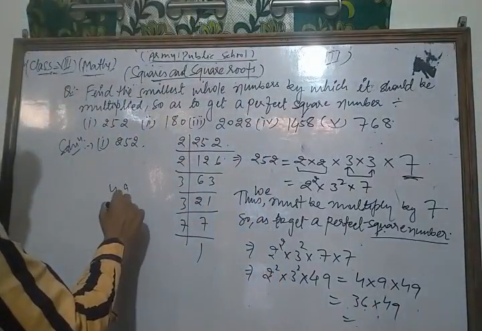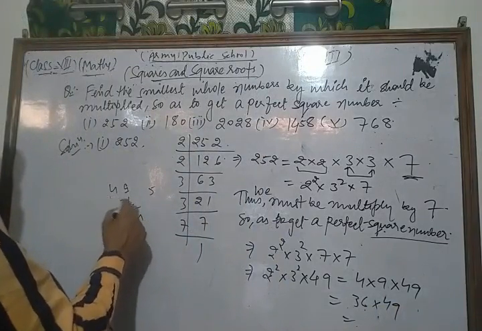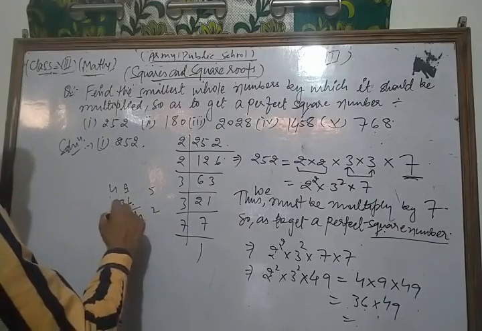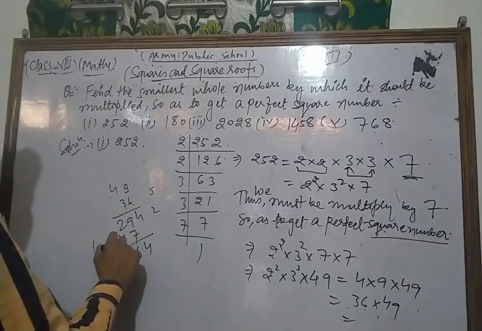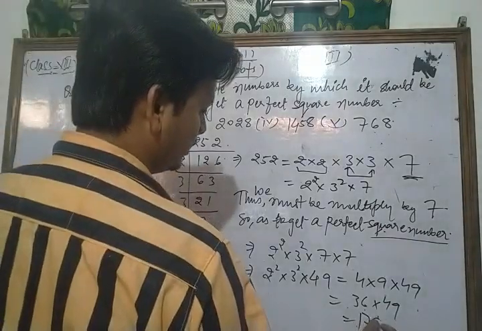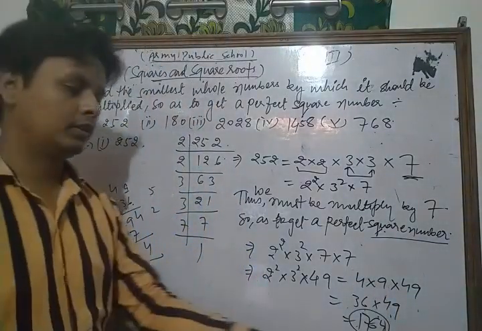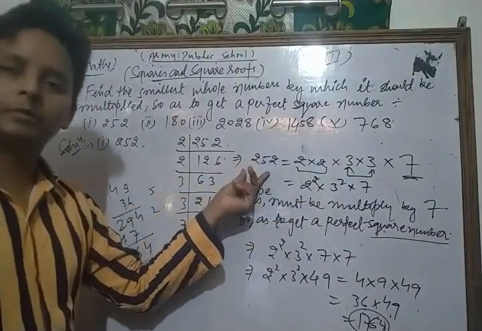This is 49 into 36. Let's see. 1764 is that number, which is the perfect square. So in that, first of all we do the prime factorization.